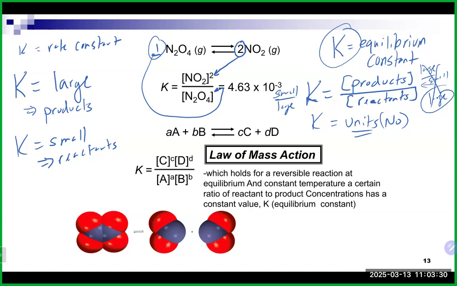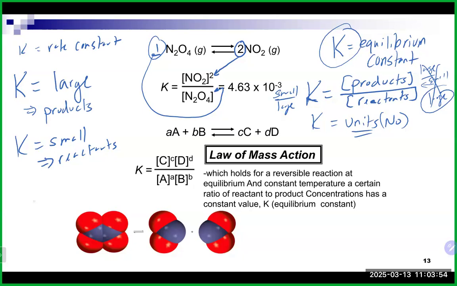You could have extremely small values of K, like 10 to the minus 36, and that would mean you mainly have reactants, and not much goes to the products. A really large value of K could be something like 10 to the 24 or 10 to the 56. So you could have anywhere in between as well.